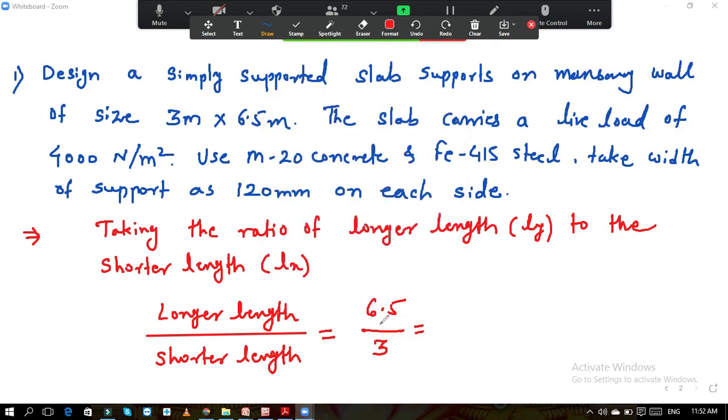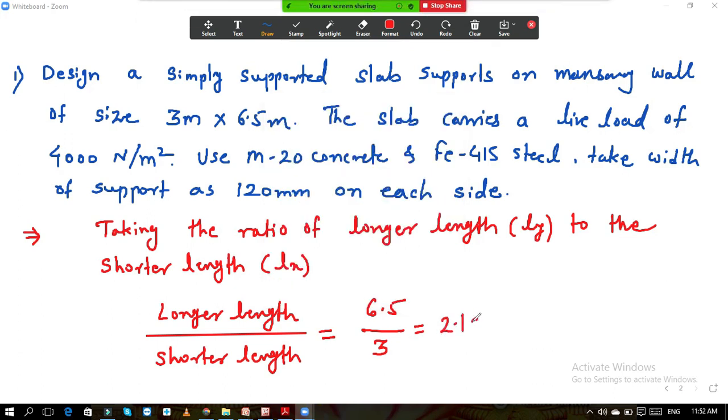Okay. So now is it greater than 2 or less than 2? Obviously it is greater than 2. So if we got this value as greater than 2, then our next sentence must be designing one way slab. One way slab. Okay. आणि हे कुठून आलं?